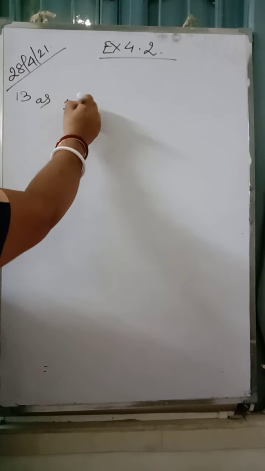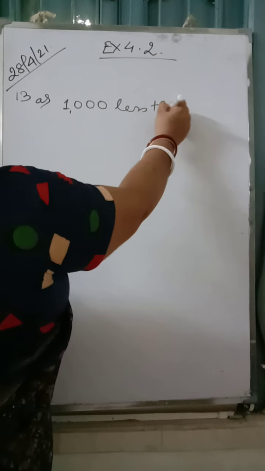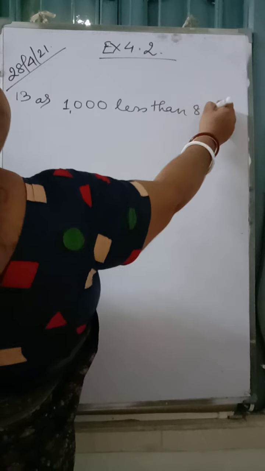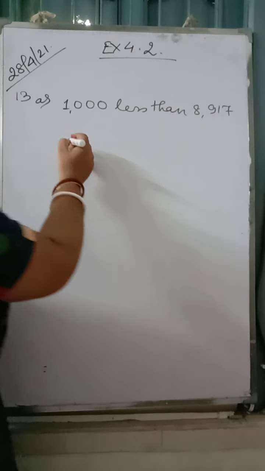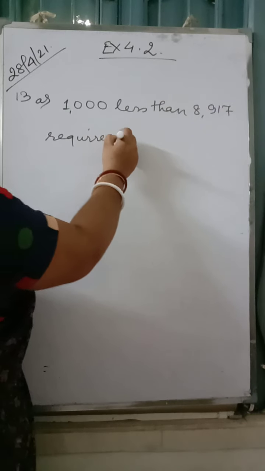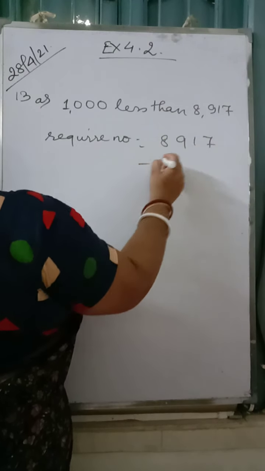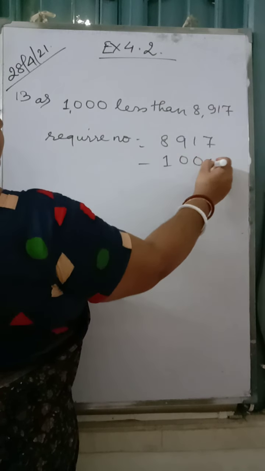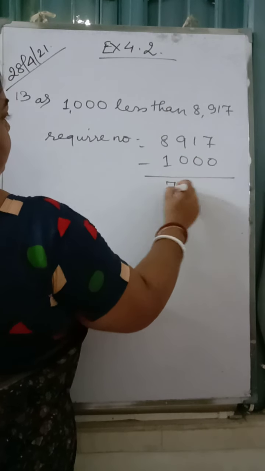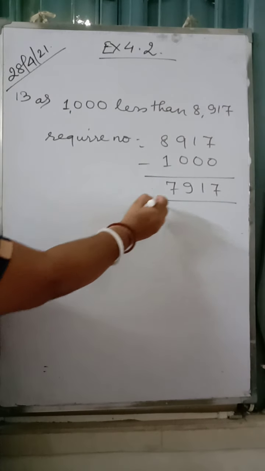It is given 1,000 less than 8,917. So we'll be writing required number is equal to 8,917 minus 1,000. And this gives you 7,917. Just finish. Like that we have to write.